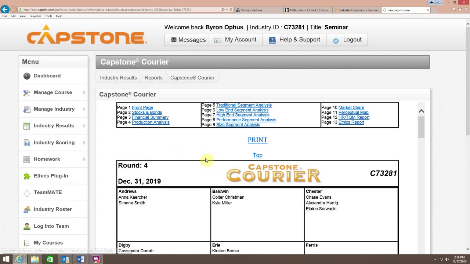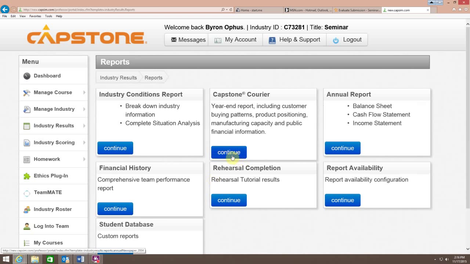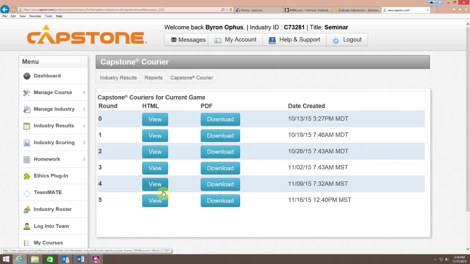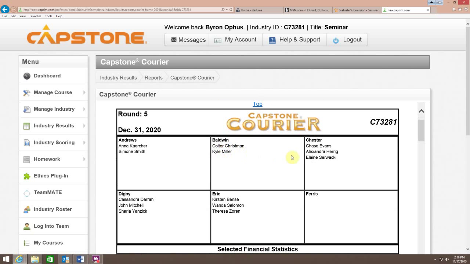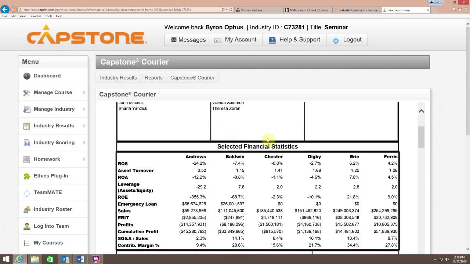So let's go take a look at round 5 and see what happened. Again, I'm kind of optimistic that maybe we'll get at least one team that might successfully kick the butt of the computer team. So look at their ROS.